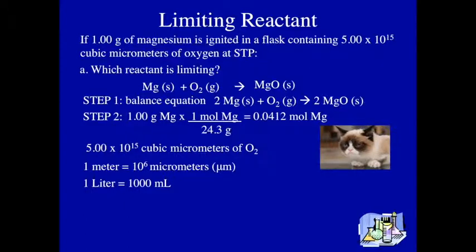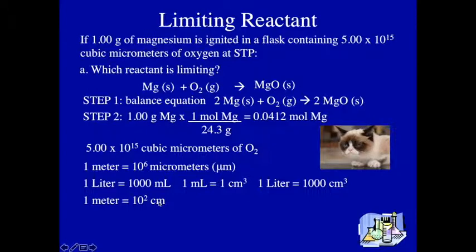We also know that a liter, since we're talking about a volume of gas, is 1,000 milliliters, and it just so happens 1 milliliter is the same thing as 1 cubic centimeter. So it might not be immediately apparent that we could go from micrometers to milliliters, but if we know that a milliliter is 1 cubic centimeter, now we have a better idea of what we might be able to do, especially because 1 liter would therefore be 1,000 cubic centimeters.